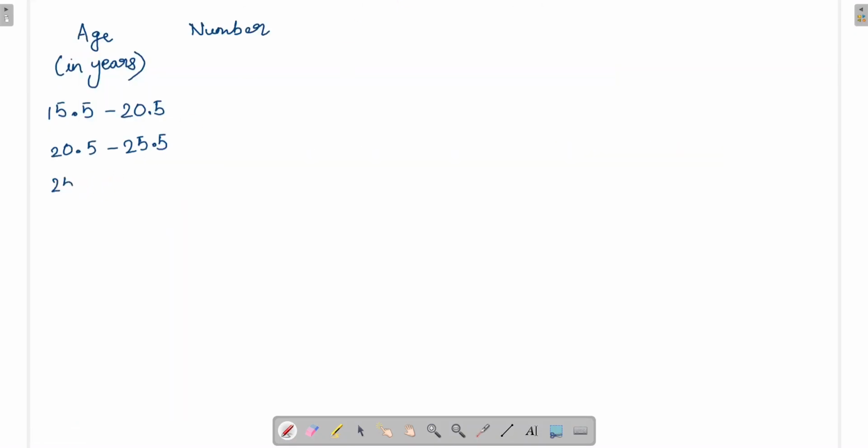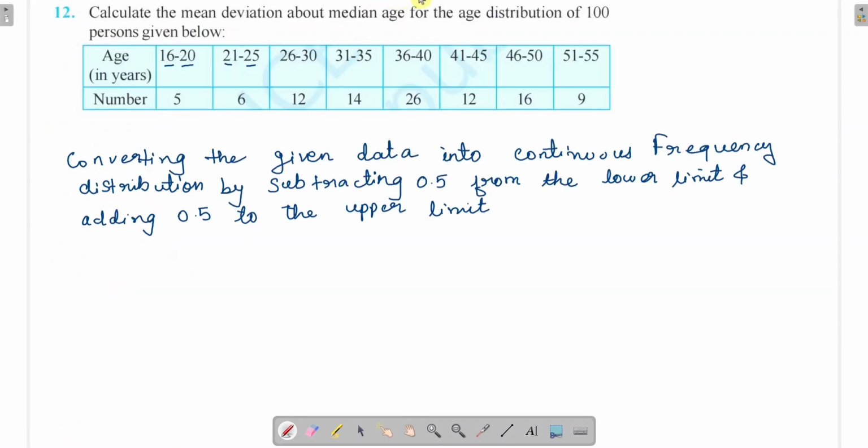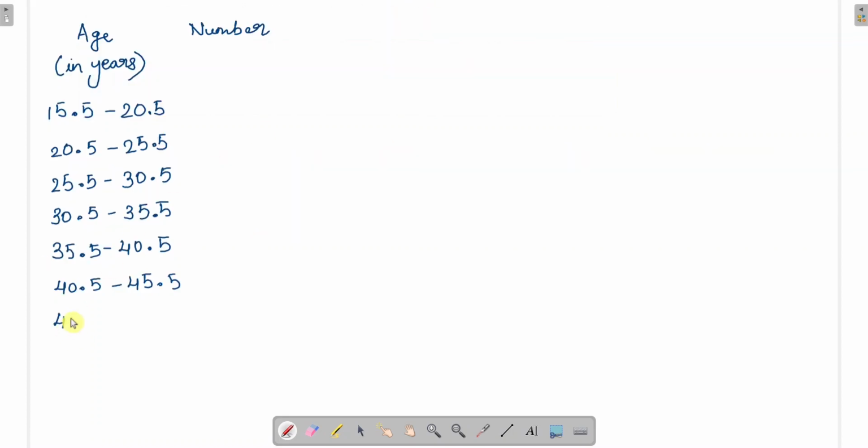So 25.5 to 30.5, then 30.5 to 35.5, then 35.5 to 40.5, then 40.5 to 45.5, okay, then 45.5 to 50.5, then 50.5 to 55.5.